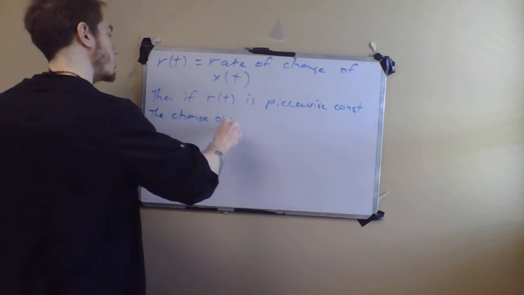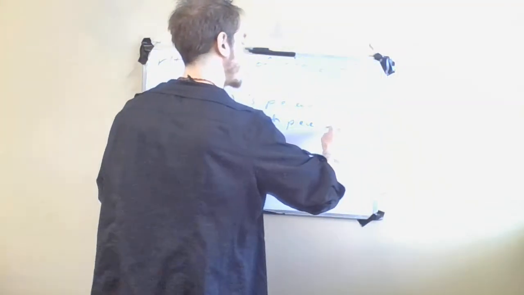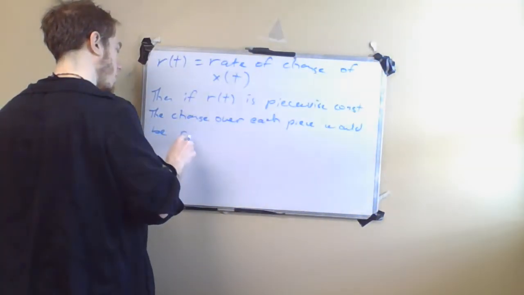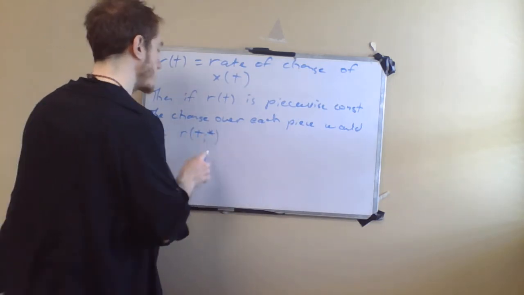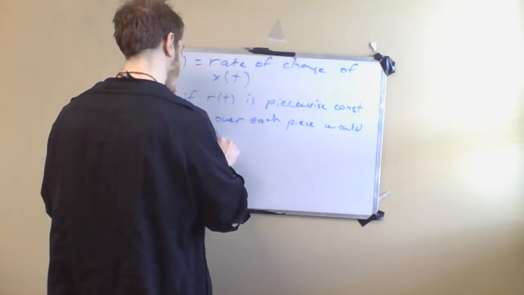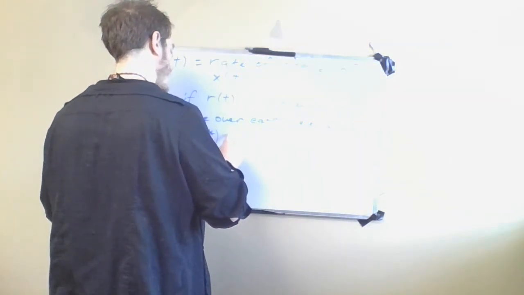the change over each piece would be R evaluated on that piece, which I'm going to call Ti star, times the width of that piece.